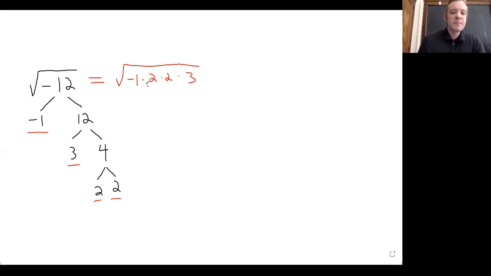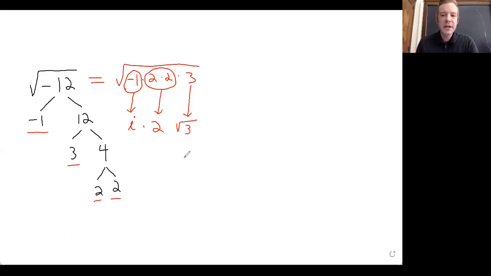But we can circle this pair of 2s because we have 2 of the same number, just like we had seen on the last problems. We can also circle this negative 1 because this is going to give us something special, because the square root of negative 1 is equal to the imaginary number, or i. The 2s that got circled are also going to make a 2 outside of the square root. So I have i times 2, and the square root of 3 will be with it as well, because the 3 did not get circled and it needs to go back inside a square root here.